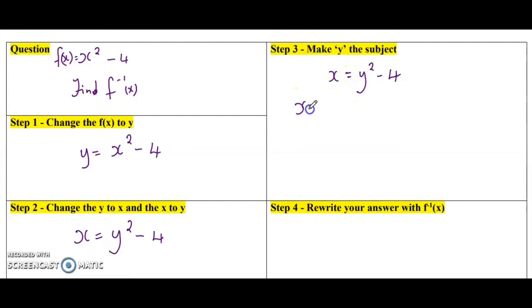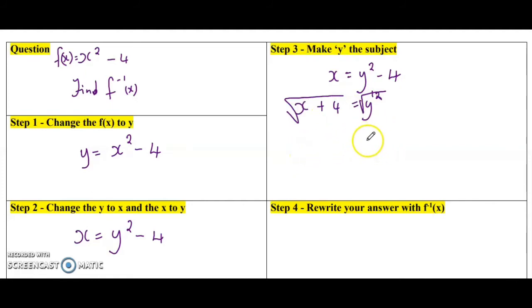So now I have x plus 4 is equal to y squared. I need to get rid of my square because it's not asking me to solve for y squared, it is asking me to solve for y. In order to get rid of the square, I need to go ahead and find the square root of both sides. So when I find the square root of y squared, it's going to eliminate the square, and I find the square root on this side also.